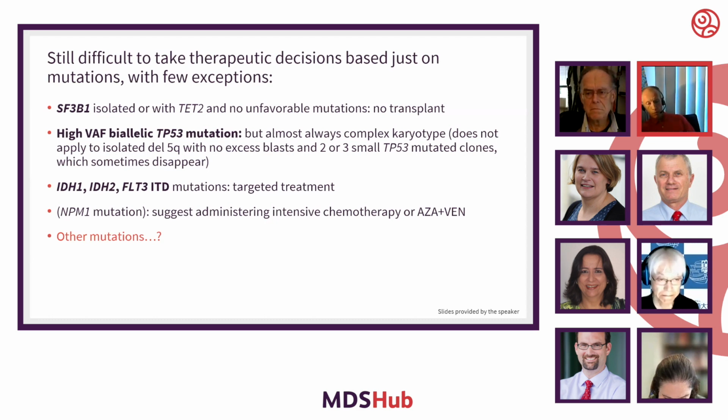Both trials had a median age of 62, and those were multi-center trials, and the transplant-related mortality was 16% in one, 18% in the other. So transplant is still a risky procedure, even now. So a patient with SF3B1 would, for us, not be a candidate if he or she is older than 60. And I'm not speaking, of course, of the morbidity.